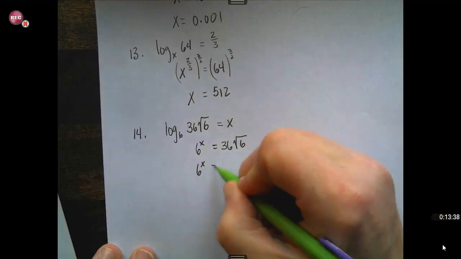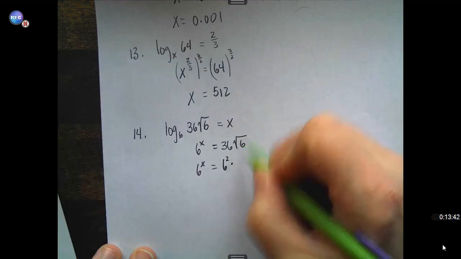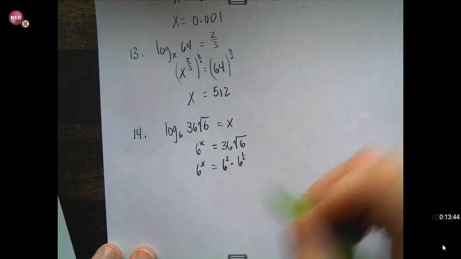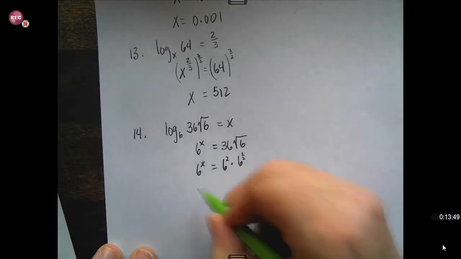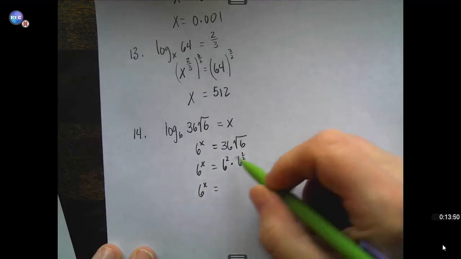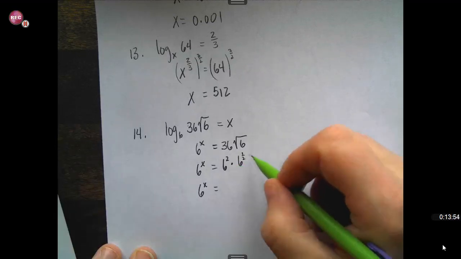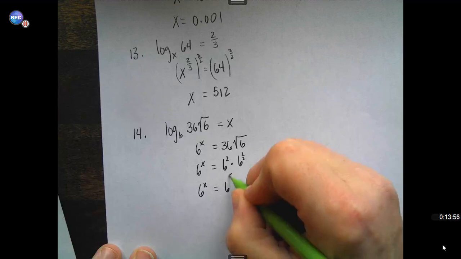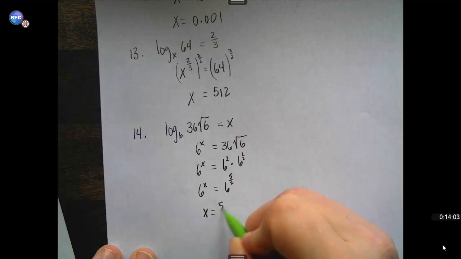So 36 is 6 squared, and square root of 6 is 6 to the 1/2. So 2 plus 1/2 is 5/2, right? And now that I have the same base, x equals 5/2.